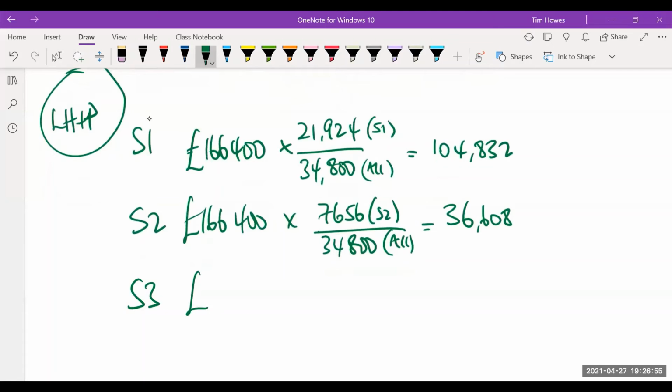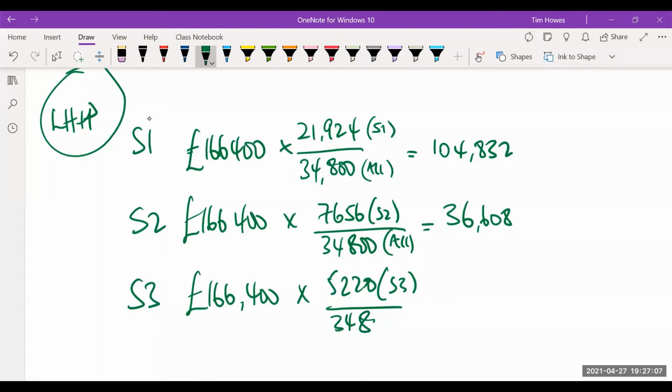And S3, exactly the same basis, but S3's floor space is 5,220 meters out of the total of 34,800 square meters. And so that proportion of the 166,400 is indeed 24,960.